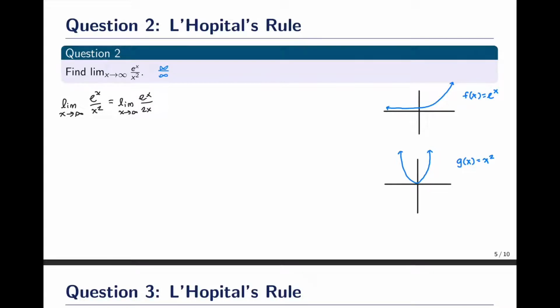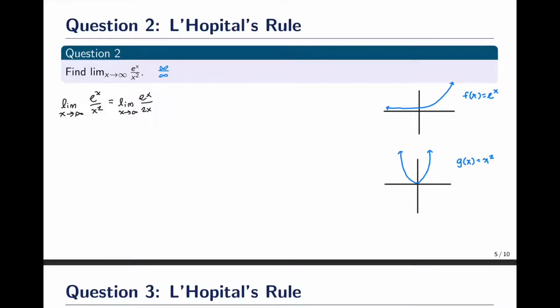Now let's see if we've made any progress, if we can solve this limit after applying L'Hopital's rule. I noticed that in the numerator, taking the derivative of e to the x just gave me e to the x back. So as I send x to infinity, let's go back to our graph. As I traverse along the positive x-axis, this function still shoots off to infinity. So in the numerator, I still have something that's increasing towards infinity.